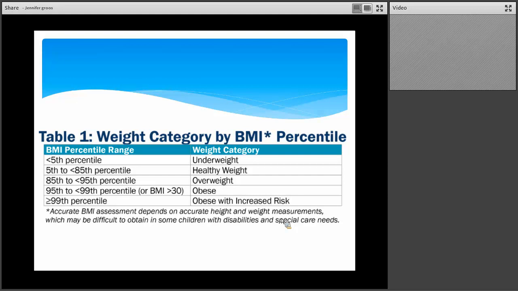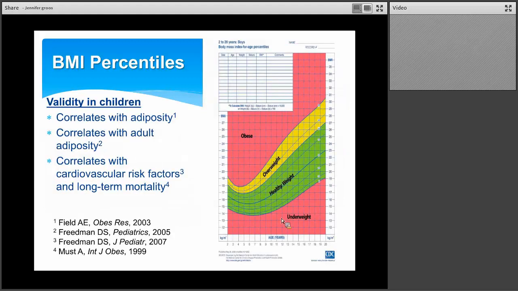Between the 85th and 95th percentile is categorized as overweight. Between the 95th and 99th percentile is classified as obesity, and greater than the 99th percentile is the obese category with increased risk. The star underneath reminds us that BMI depends on accurate height and weight measurements.